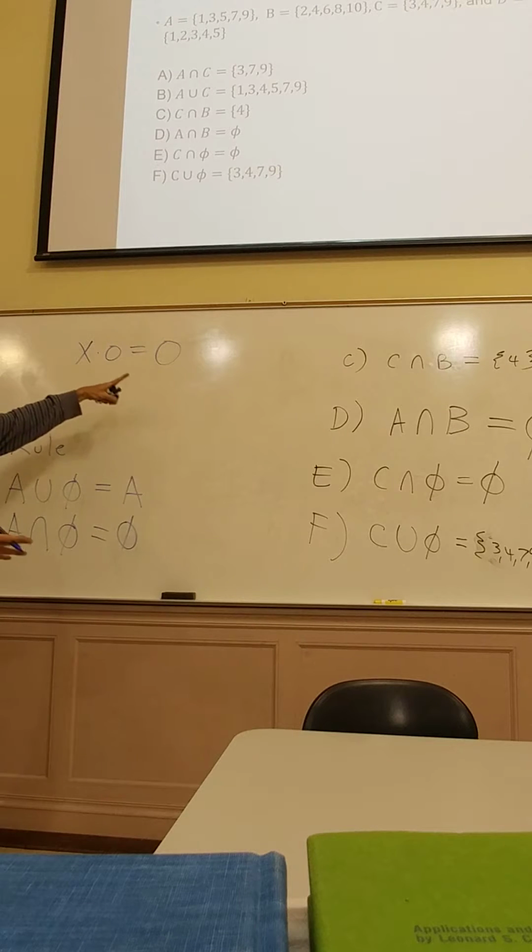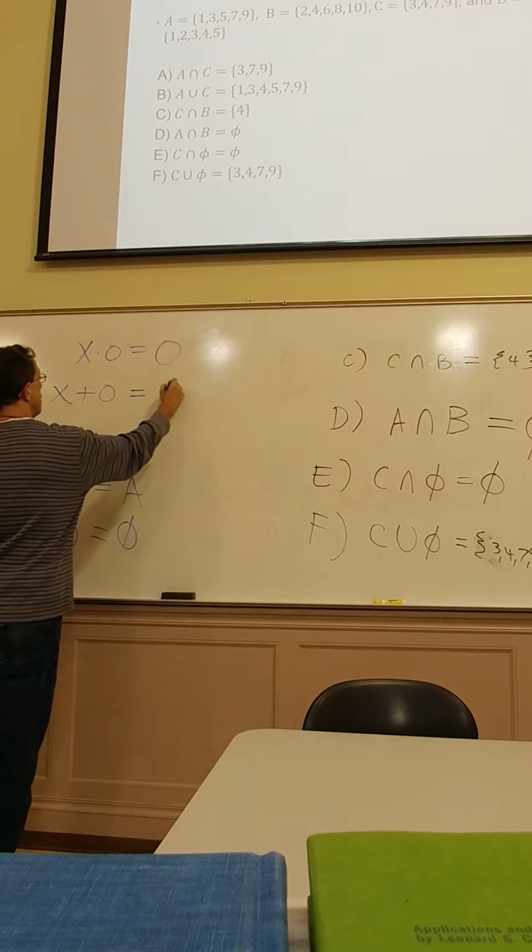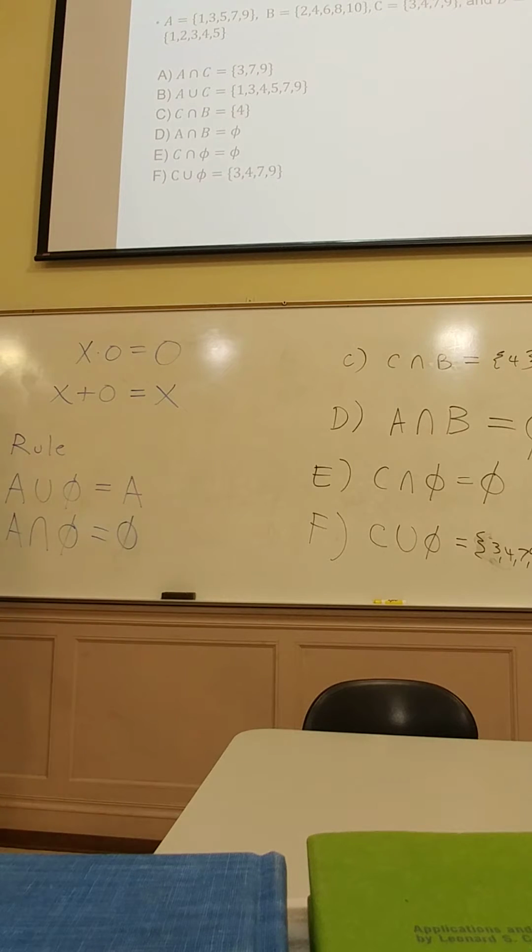Any number times 0 is 0. And any number plus this 0 is the number back. 4 plus 0 is 4. 5 plus 0 is 5. So this almost acts like a pseudo multiplication here and a pseudo addition, I'll call it.